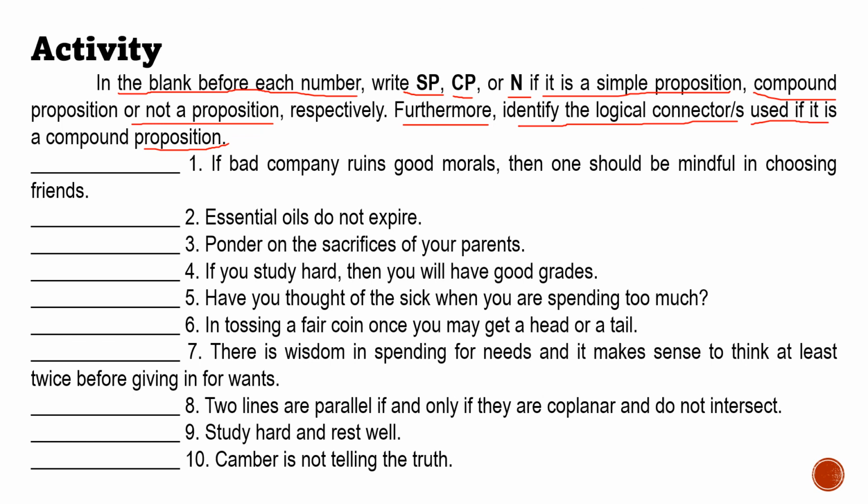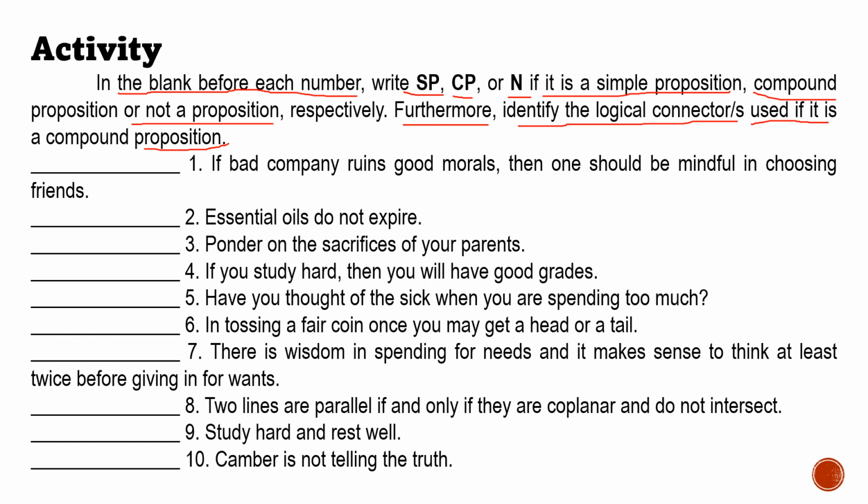Again, in doing this activity, the first thing to do is to identify if the given statements or sentences are propositions or not. If not, put N. Then you cannot move forward with putting SP and CP, because we only put SP and CP for those statements or sentences that fall as a proposition.